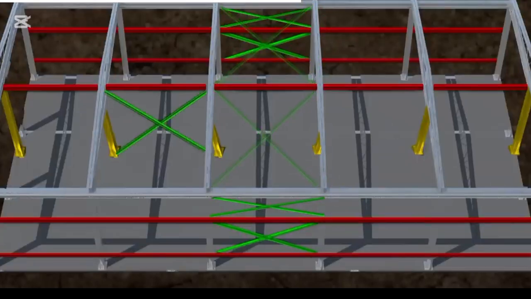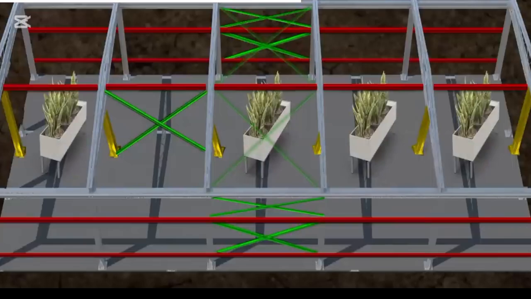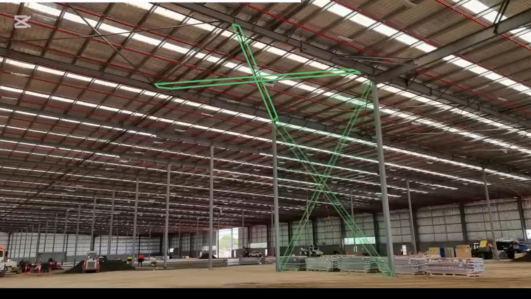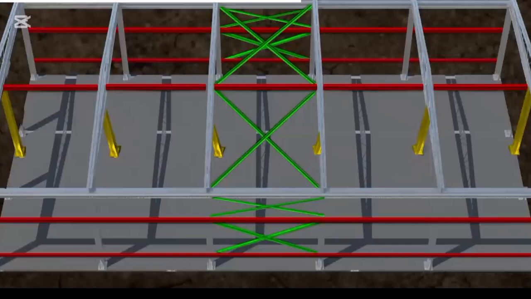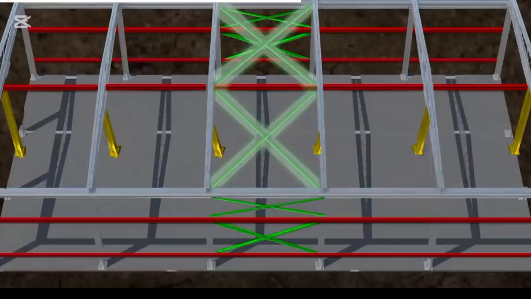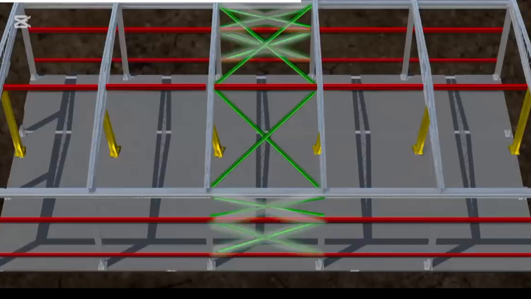Alternatively, vertical bracing can be installed between the central line of columns. However, this will take up space in the building. In this example, a combination of both methods has been used. Now, let's understand how horizontal bracing works with vertical bracing to withstand lateral loads.